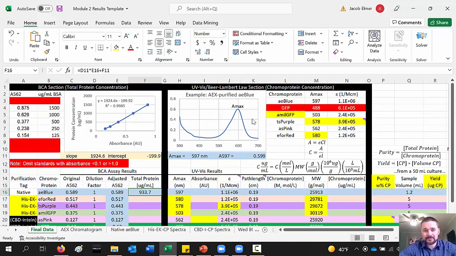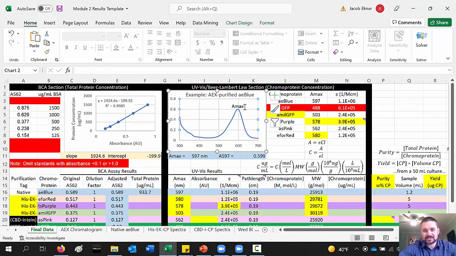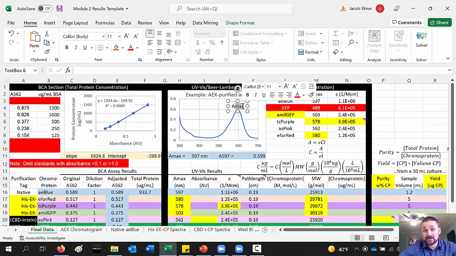Now I'm going to go over to our UV-Vis section here, and I'm going to use this absorbance spectrum to estimate the specific concentration of my specific chromoprotein. The way I do that is I look at this spectrum, and every chromoprotein has an absorbance maxima, this A max value here.